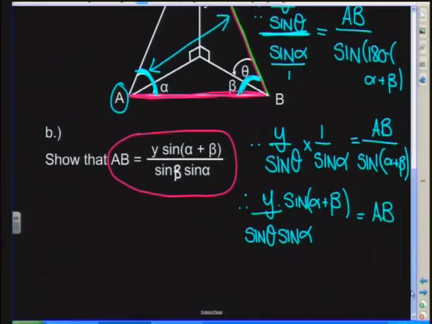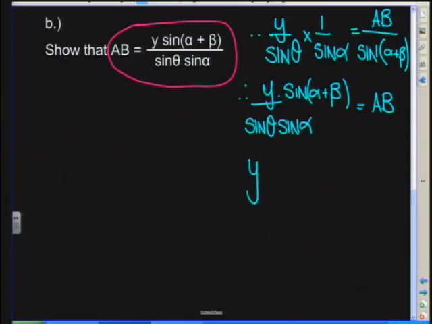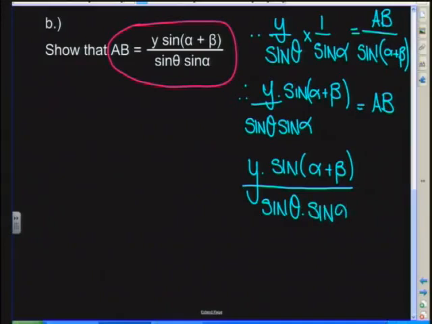Does that give us what we were looking for? Let's just see. Okay, yep, that does. So what were we looking for? We've got y multiplied by sine of alpha plus beta over sine theta times sine alpha, and that's AB.